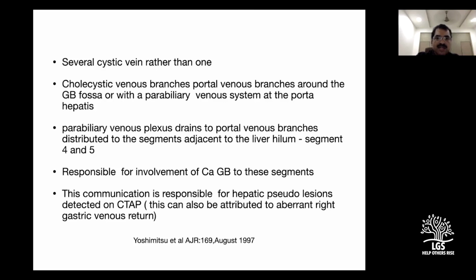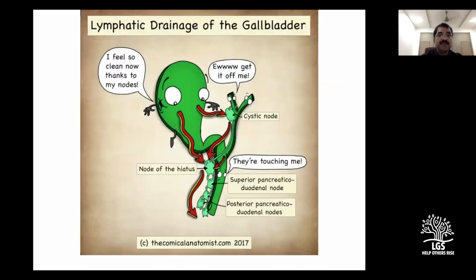So when there is a carcinoma of the gallbladder, it can directly invade the segments, or it can invade secondarily by invasion of these veins. The same communication is responsible for the development of hepatic pseudolesions. If you open the abdomen or do laparoscopy, you won't see anything. But if you image using CT or other contrast imaging, you may see some lesions in that area.